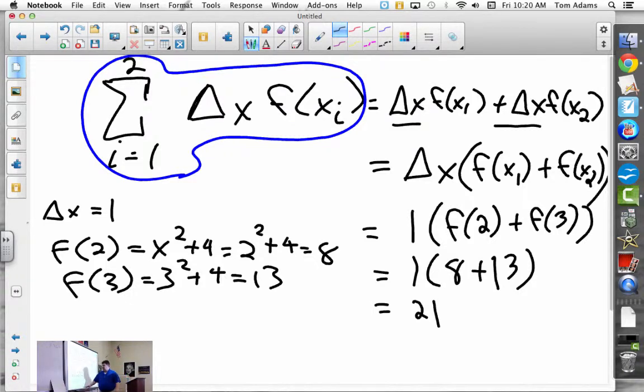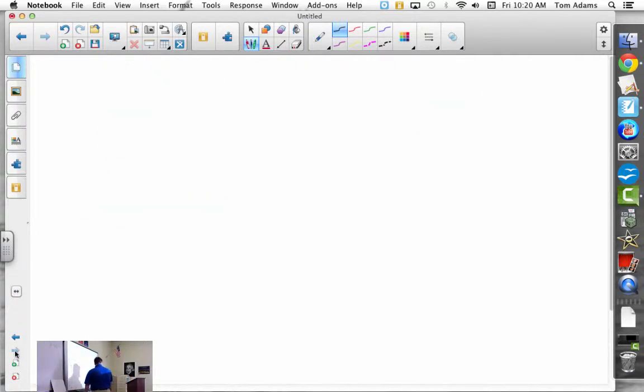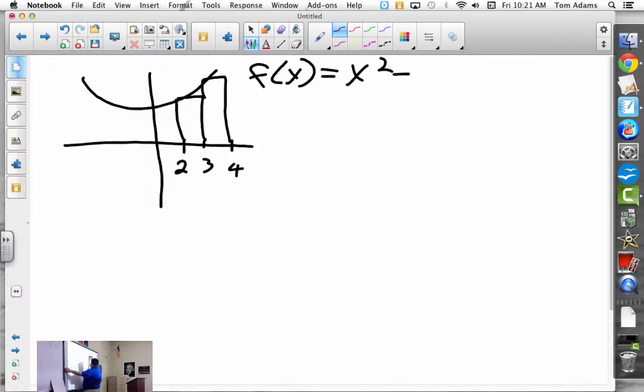Now what we're saying is, if I have my graph of my function, where this is 2, 3, 4, and f of x is equal to x squared plus 4, the area of this rectangle is 8 and the area of this rectangle is 13.